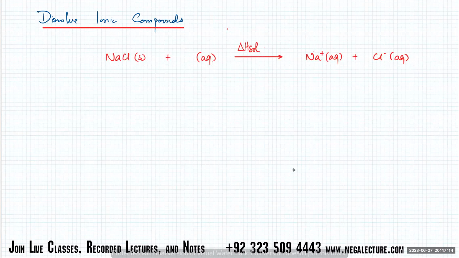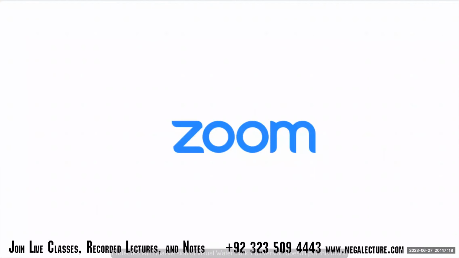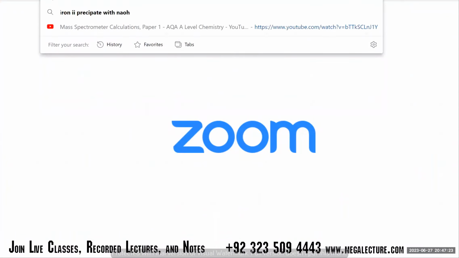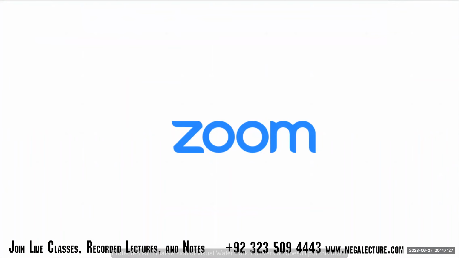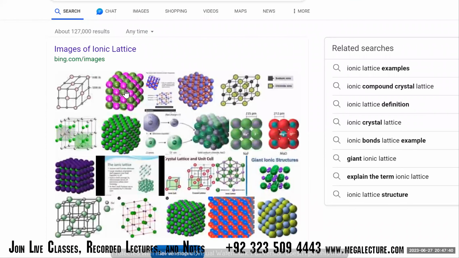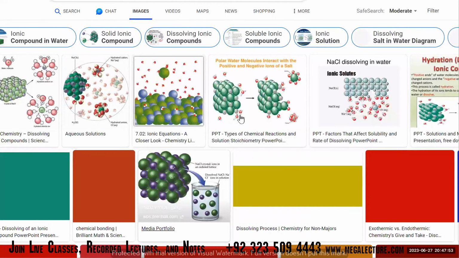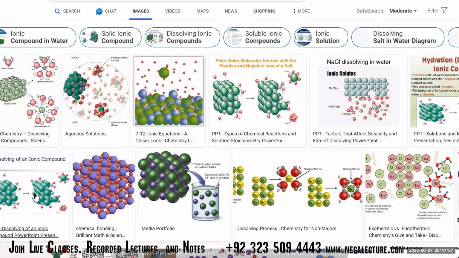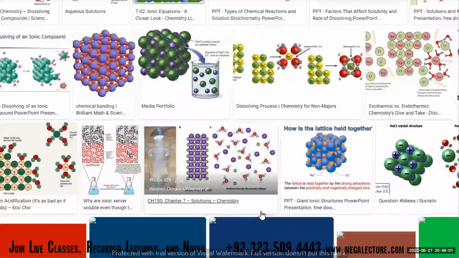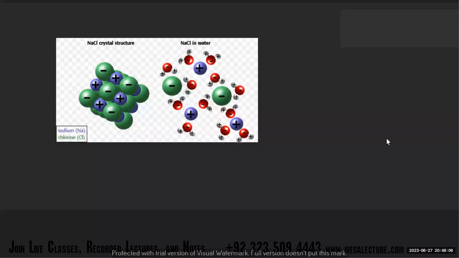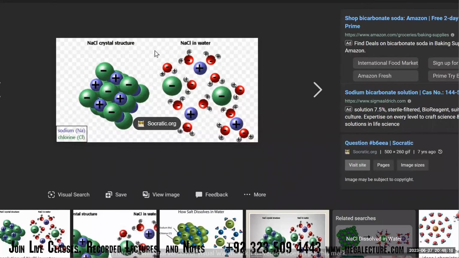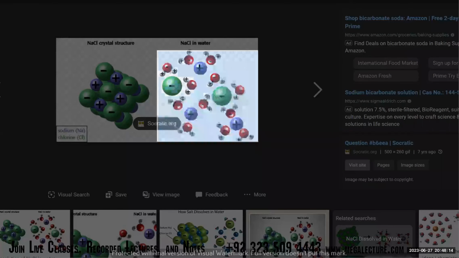Okay, so 1 mole of any substance completely dissolves in water, and let me show it with a picture.